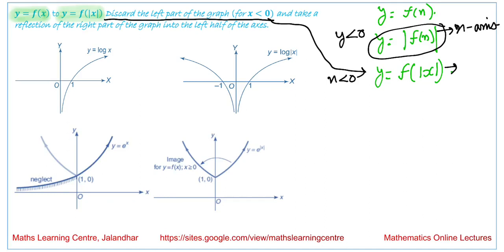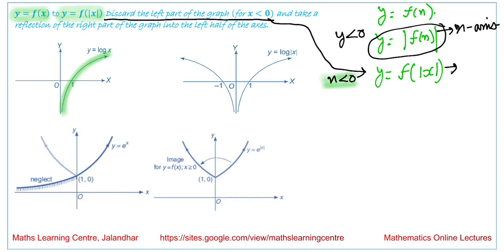So what this means is, if the graph of log of x is given, this is the graph of the function y is equal to log of x. First, there is no value for x less than 0. This function is not defined for x less than 0, so this part is not there.